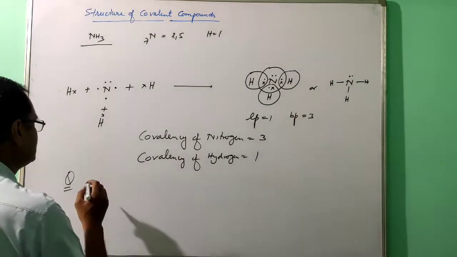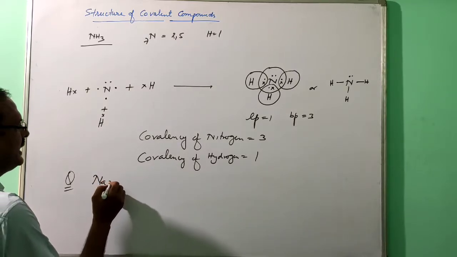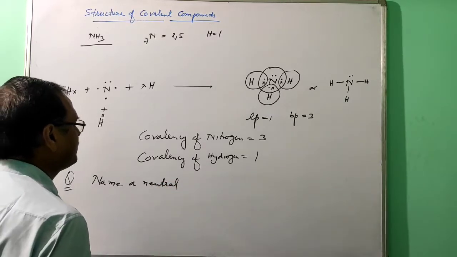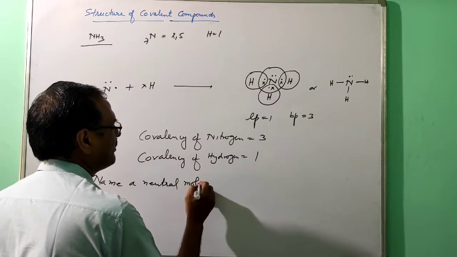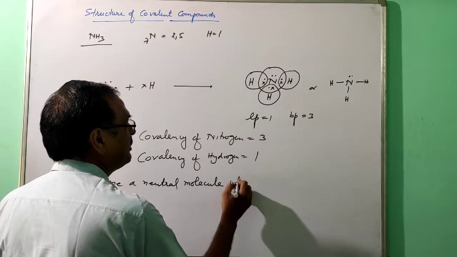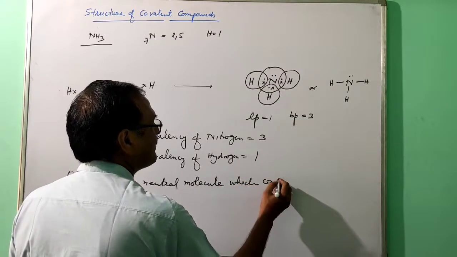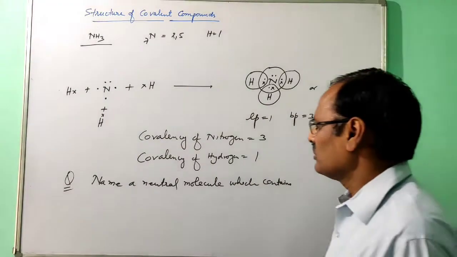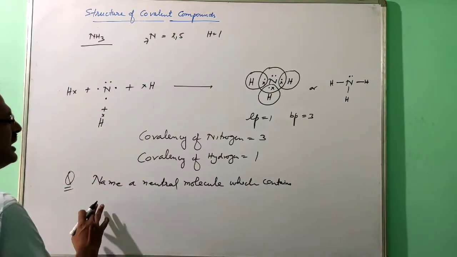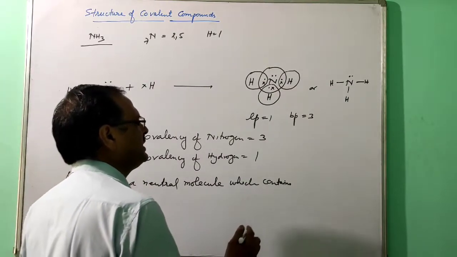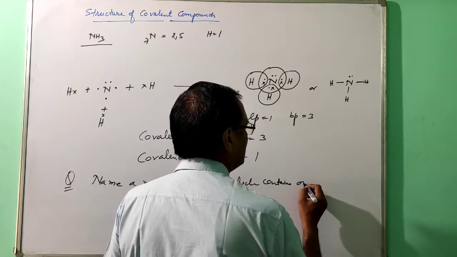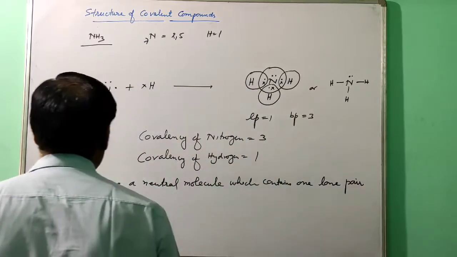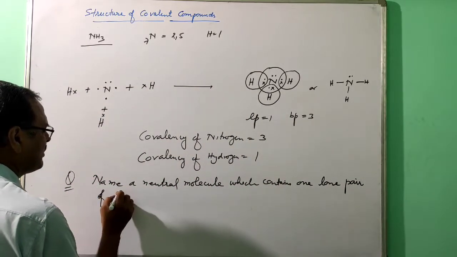Once this question was asked in board paper: name a neutral molecule which contains 1 lone pair of electrons.